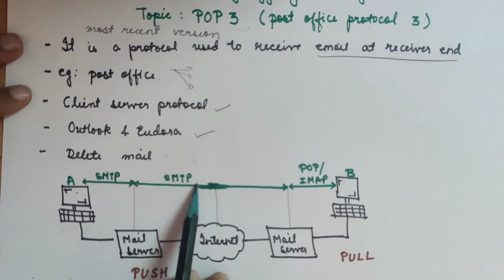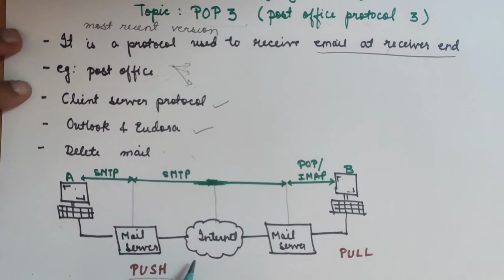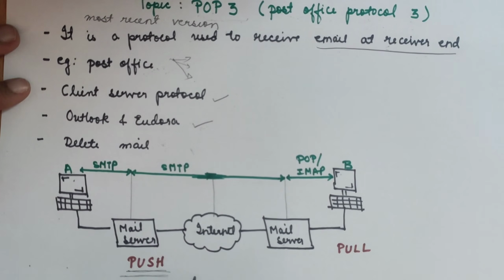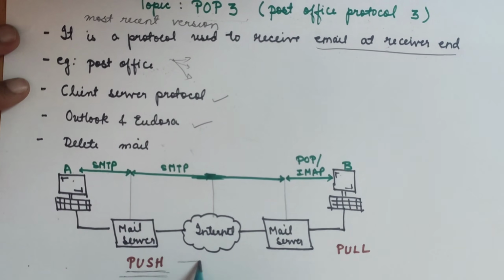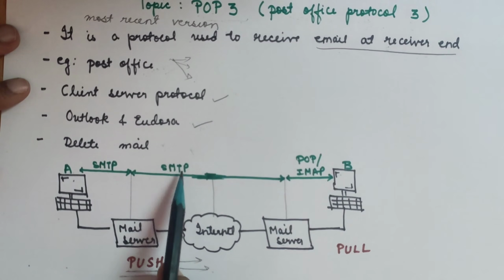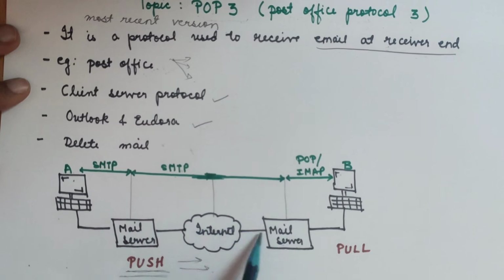The data is going to be transferred with the help of SMTP, and this SMTP is going to use the push protocol, meaning it is going to push the messages towards the recipient side. Means from this mail server to this mail server, the messages are going to be transferred with the help of SMTP, whereas SMTP is going to push the messages towards the recipient mail server.